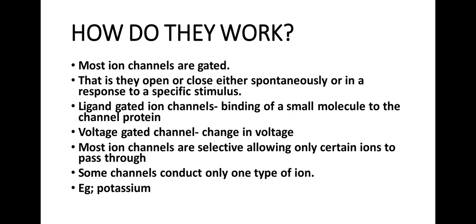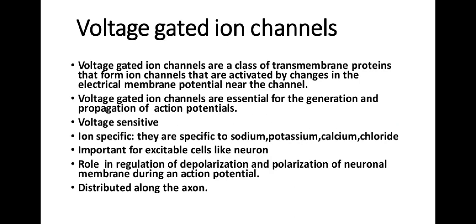Ligand gated ion channels: binding of a small molecule to the channel protein. Voltage gated channel: change in voltage. Most ion channels are selective, allowing only certain ions to pass through. Some channels conduct only one type of ion, for example, potassium.